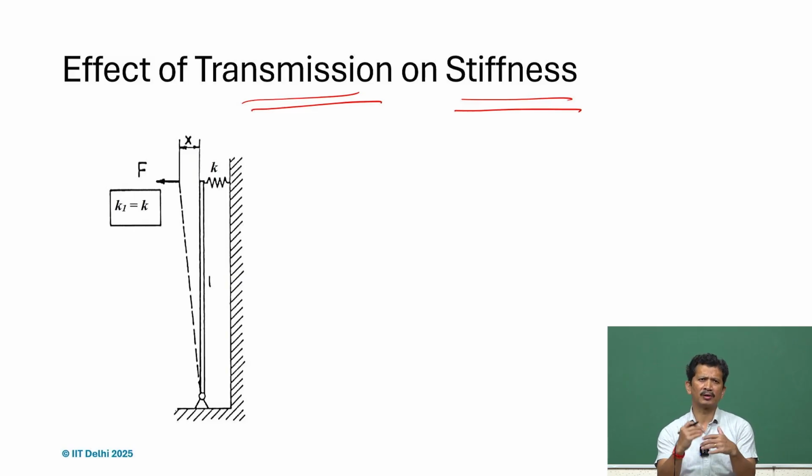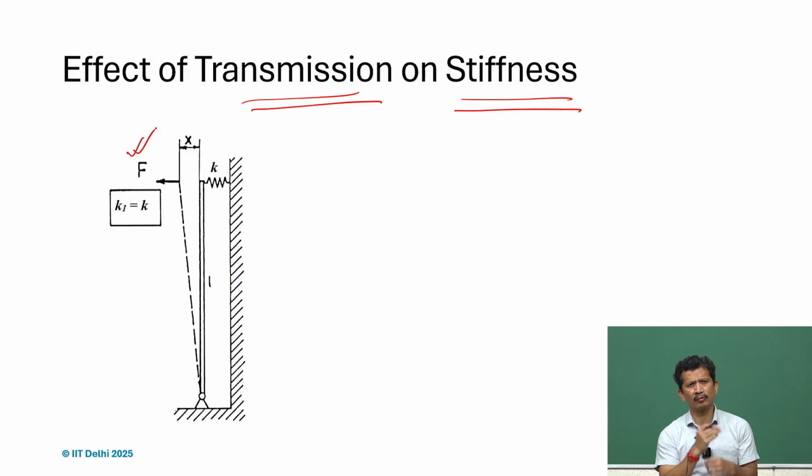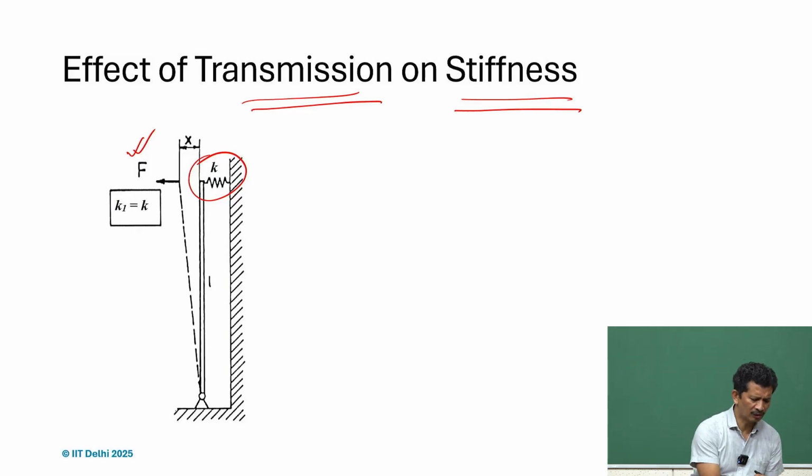We know that some compliance and some stiffness is required, but what is the location, where should we put it, and what is the point of application of force F? The placement of this K will have a big bearing on the overall stiffness at the point of force F.